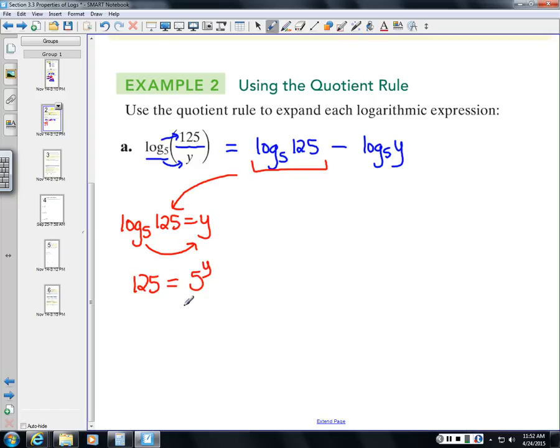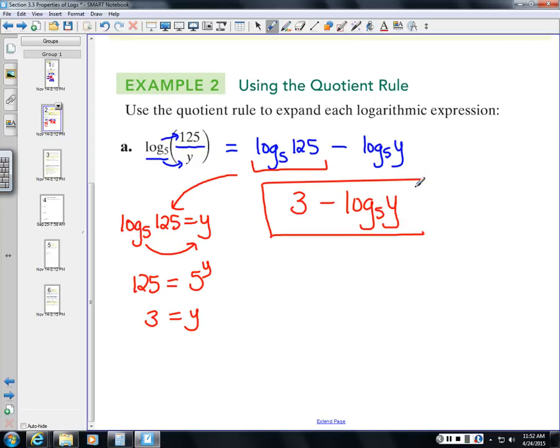And we can. 5 to what power gives me 125? And of course the answer there is 3. So log base 5 of 125 is actually equal to 3, so we're going to simplify that even further into 3 minus log base 5 of y. Okay, so that's all the quotient rule of logs consists of.